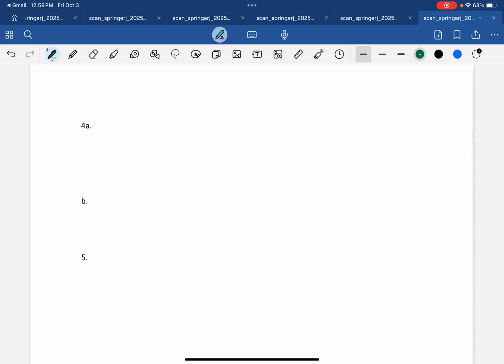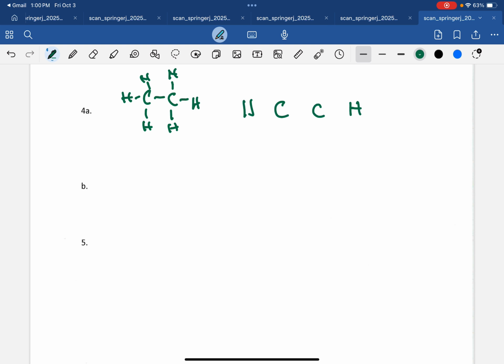Number 4, they gave us a drawing that looks something like this. And wants us to draw C2H2, which would have 10 valence electrons, 4 for each carbon for a total of 8, and 1 for each hydrogen for a total of 2 more, so 8 plus 2 is 10.